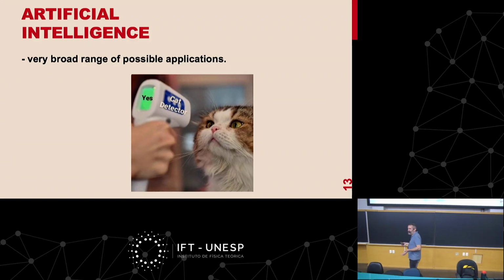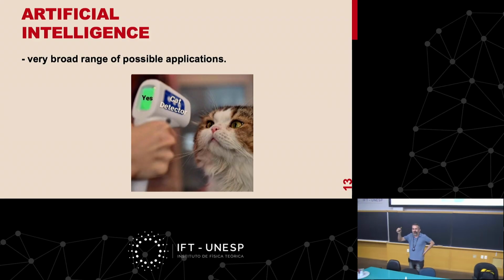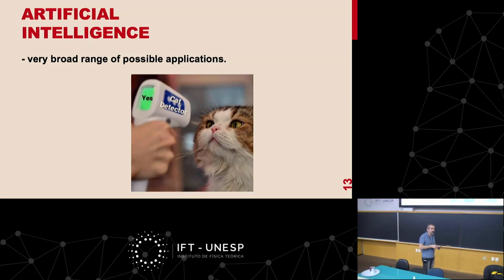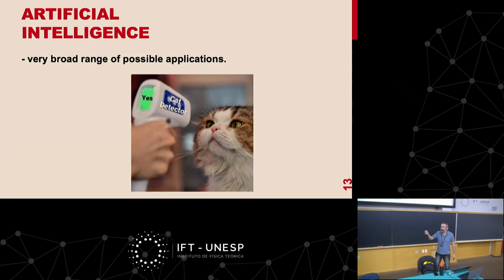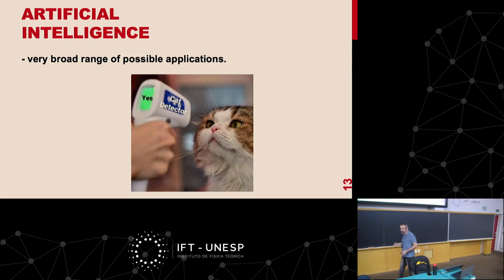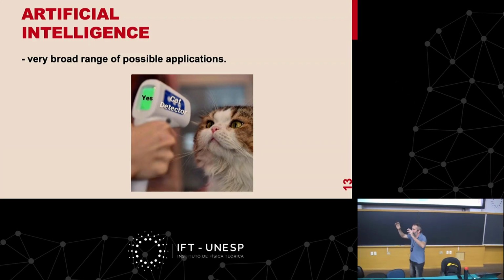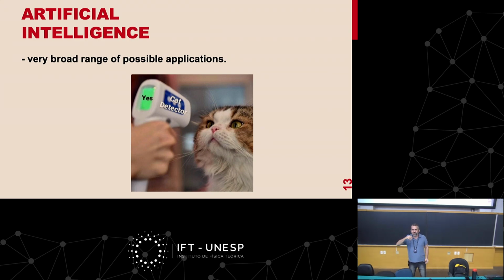In materials science, the way we do machine learning is different than in other areas because the quantity of data is much smaller than what people have in other areas. The other day, I was looking at people analyzing images of galaxies and trying to predict the form of galaxies. And I mean, how many galaxies do you have?